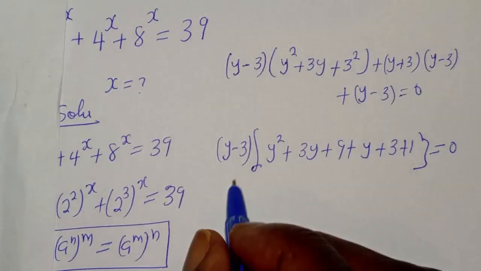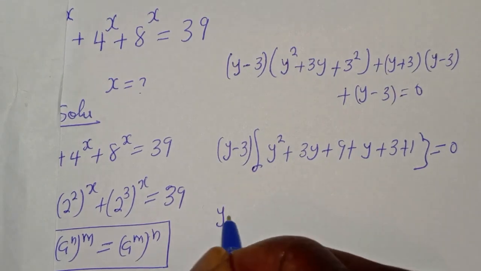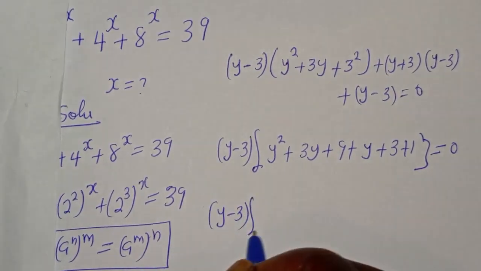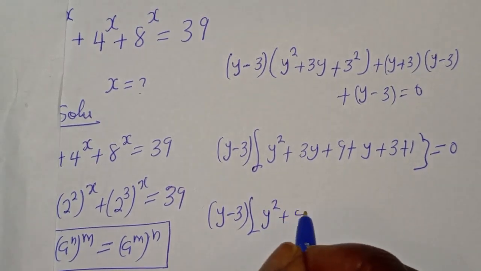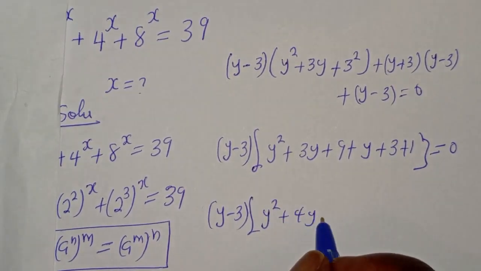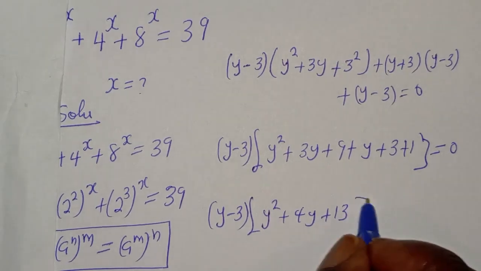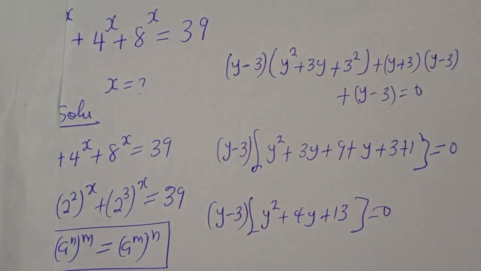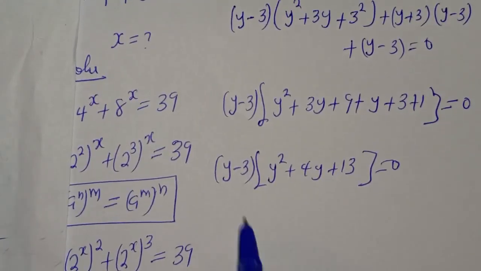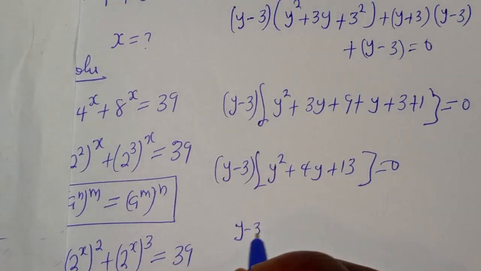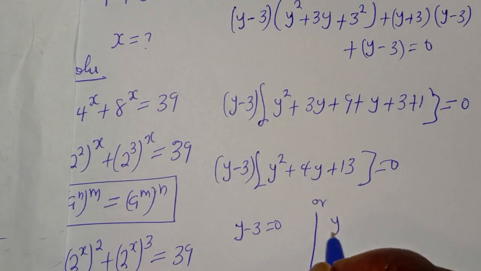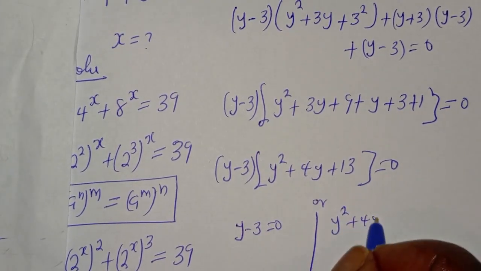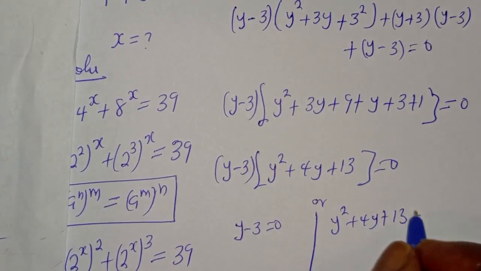Then this is y minus 3 bracket y squared plus 4y plus 13 equal to 0. There are two cases here. The first case is y minus 3 equal to 0, or y squared plus 4y plus 13 equal to 0.